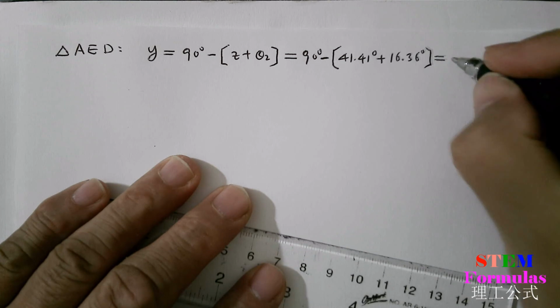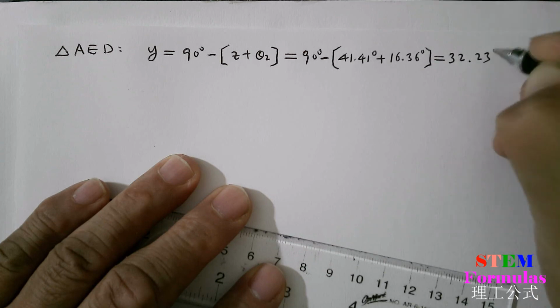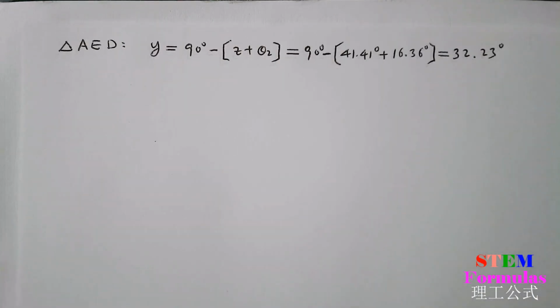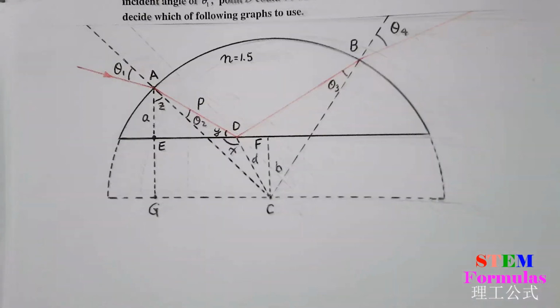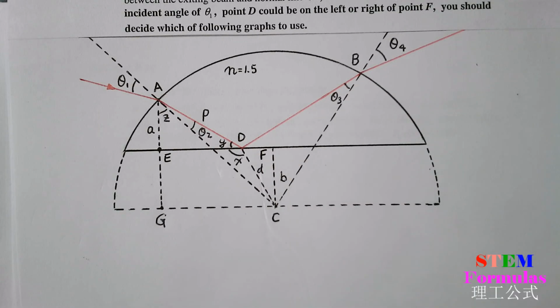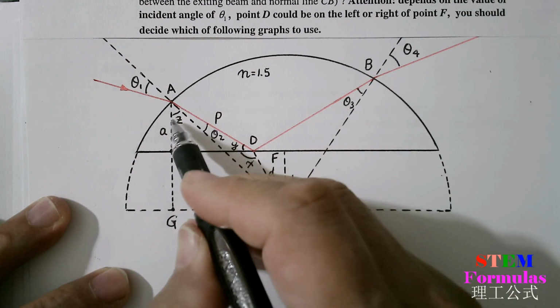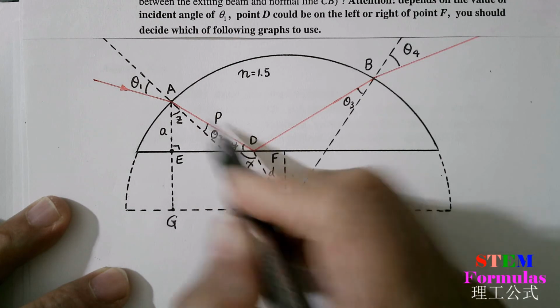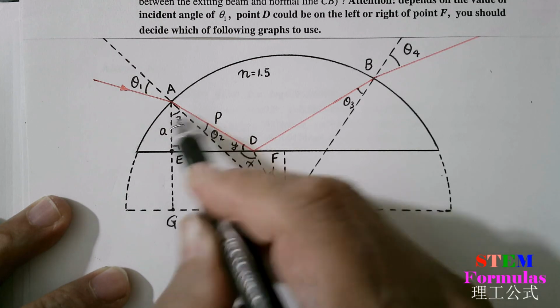So this equals 90 degrees minus 41.41, minus 16.36, and this number equals 32.23 degrees. So here it is: angle y equals 90 degrees minus z and θ2 together.